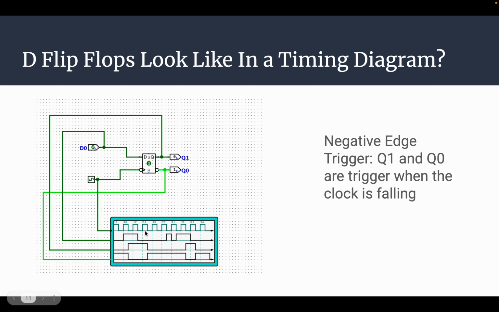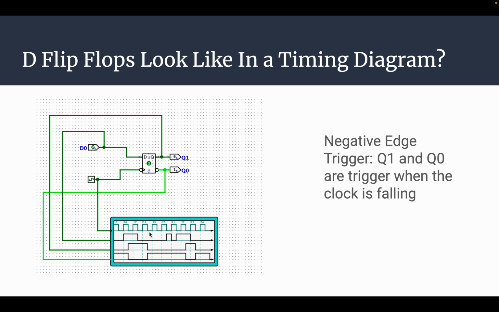When D is 0, that's when our Q1 starts to fall to the same value, and it goes on like that. The reason is that the D flip-flop has a bit of a delay between when it inputs and outputs.